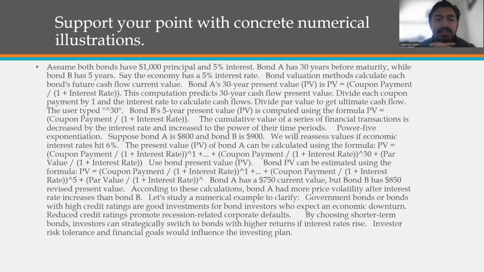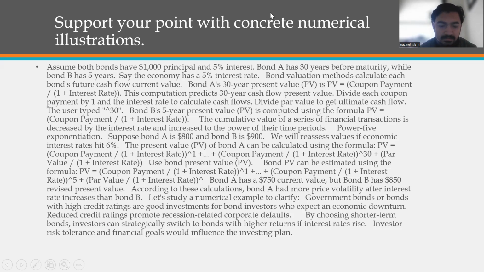A reduced credit rating promotes concerns related to defaults. By choosing a shorter term, bond investors can strategically switch to bonds with higher returns when interest rates rise. Investor risk tolerance and financial goals would influence the investor's plan.